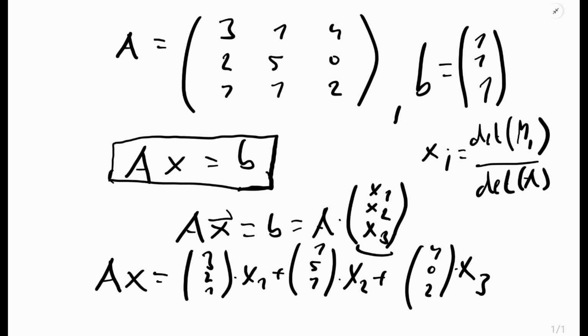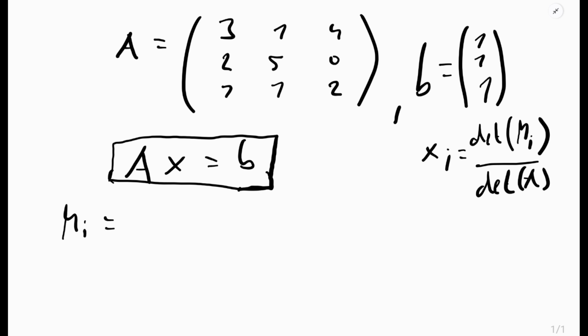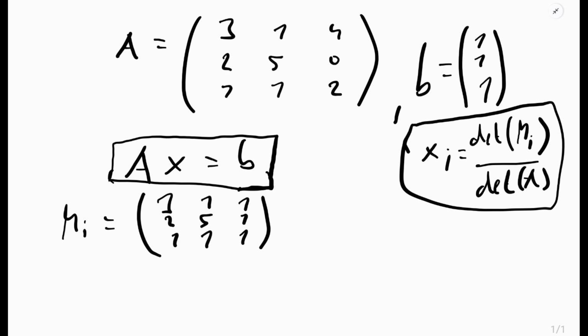So let's say the concrete question here will be, what is the third entry? So all we will do is basically get Mi. So Mi would be 3 2 1, 1 5 1, and the third column 1 1 1. And we have to follow this formula. So to get the third entry, this is M sub 3, because the third column is replaced. So how does this work?